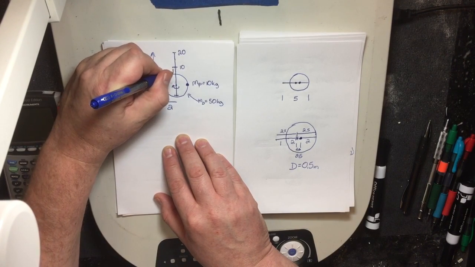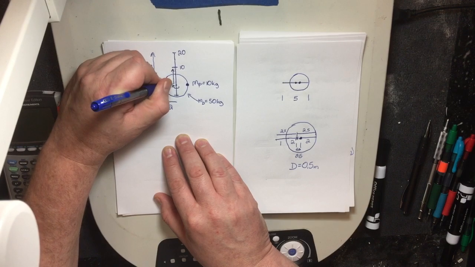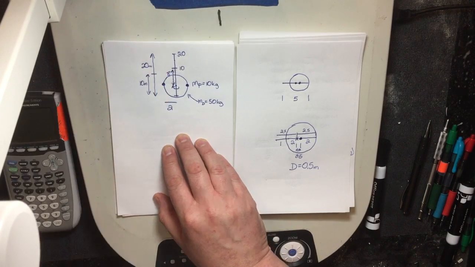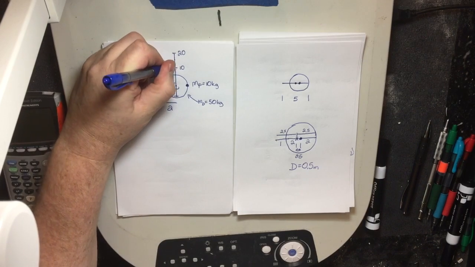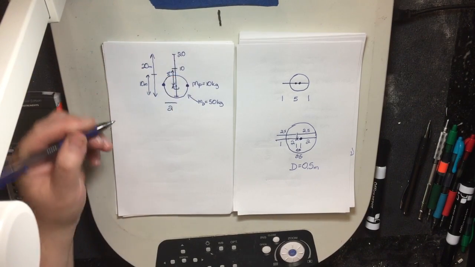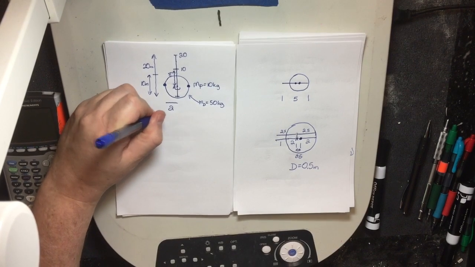So this distance here is 8 meters. The distance from the center of mass of the stick to the center of rotation. What is the moment of inertia?